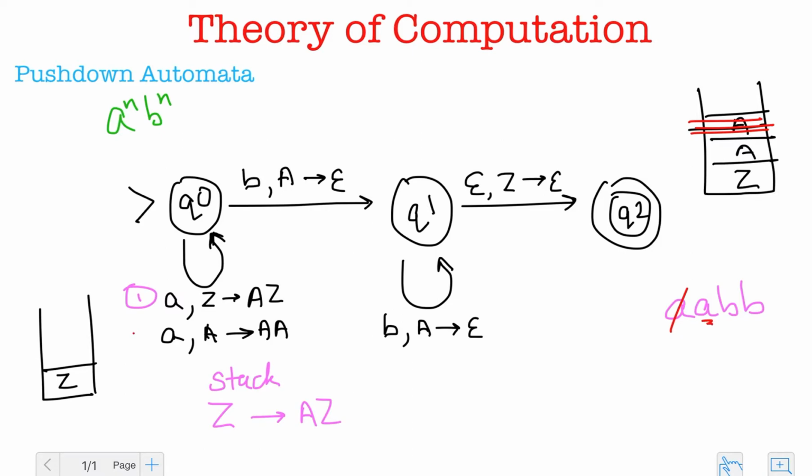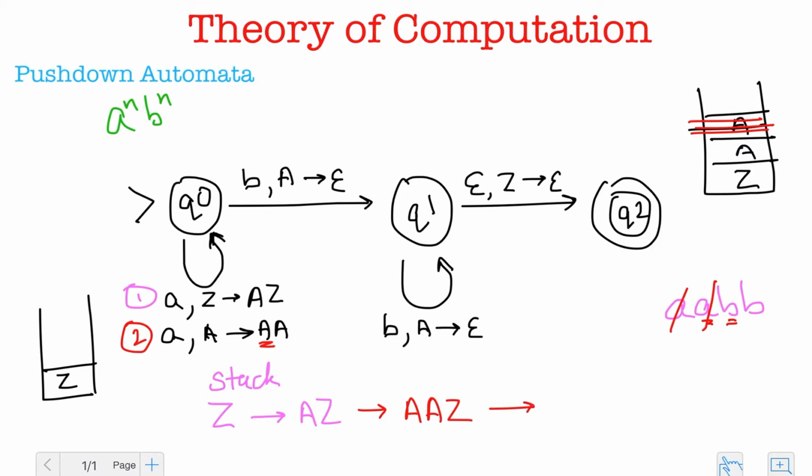So I perform this rule, and now my stack becomes AAZ, because I added another A here. So this A is also done now, and now I encounter a B right here. So when I encounter a B, I check whether the top of my stack is an A. Yes, it is.